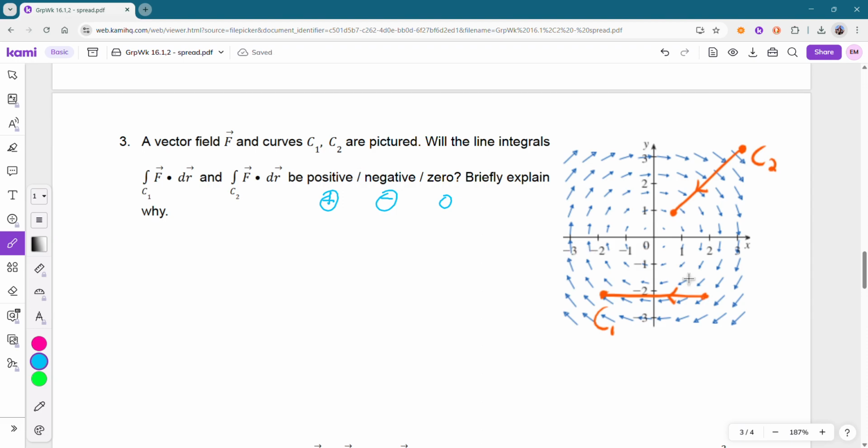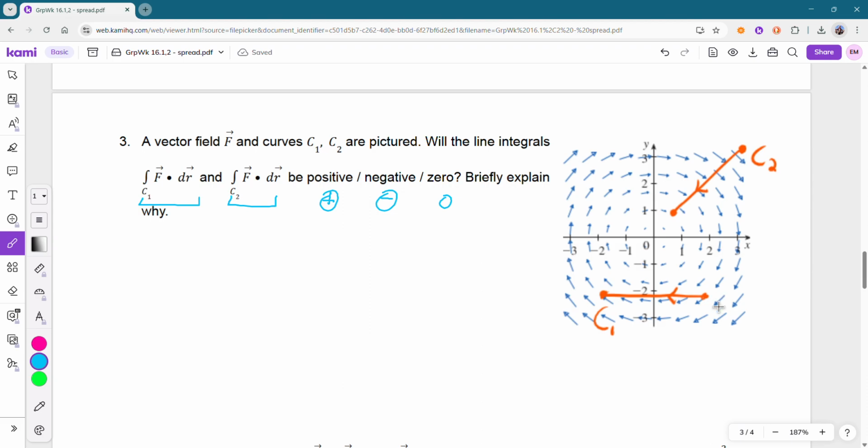Well, if we're integrating along this first curve, the key observation here, since what each of these line integrals is really adding up are the tangential components of our vector field vectors. In order to figure out whether this is positive, negative, or 0, we're wondering how these vectors are moving with us or against us.